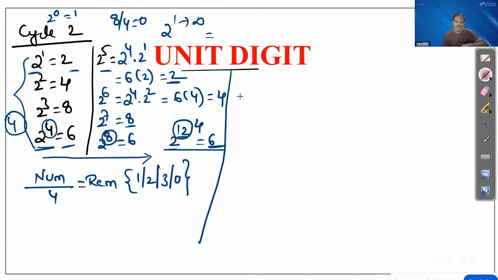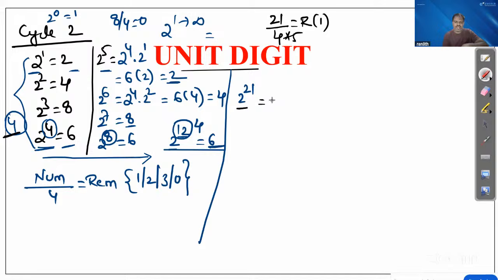Let's see 2 power 21. What is the units place of 2 power 21? The power is 21 and the base is 2. After how many steps do we get the repetition? In 4 steps. So 21 divided by 4, the remainder is 1, since 4 fives are 20.